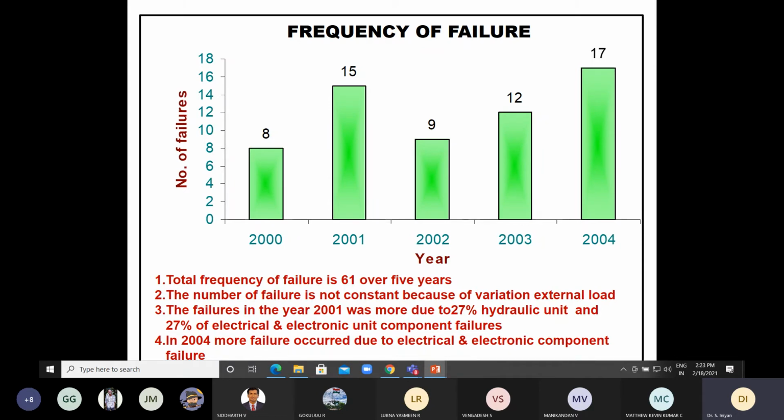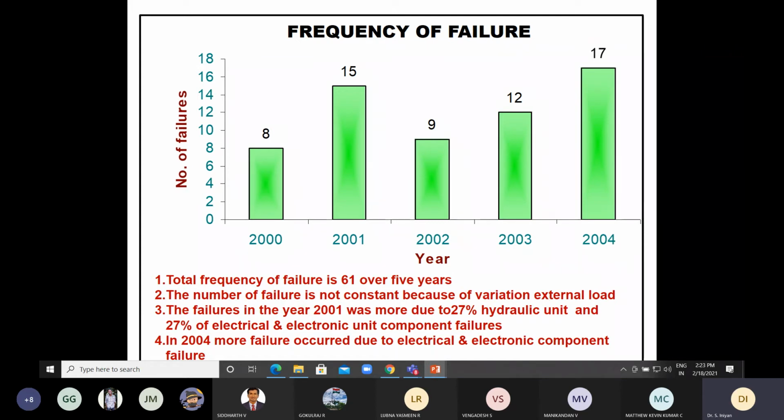If I take 5 years, the total frequency of failure comes around 61, right? And this total number of failures is not constant because of variation of the external load, right? When we provide some external load, based on these loads we operate the wind farms as soon as possible, right?